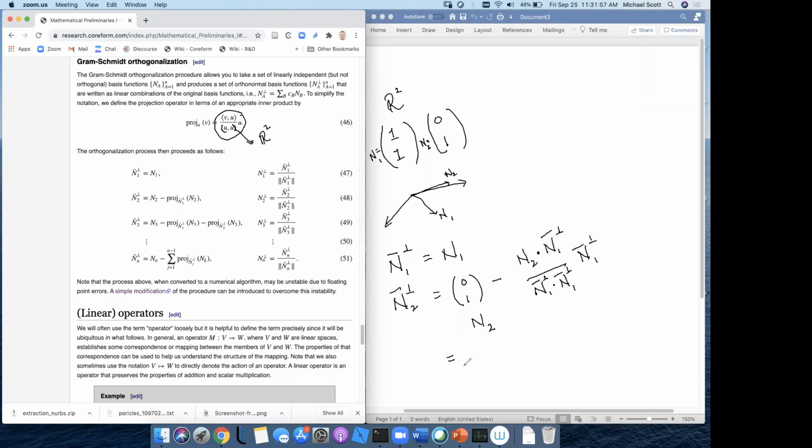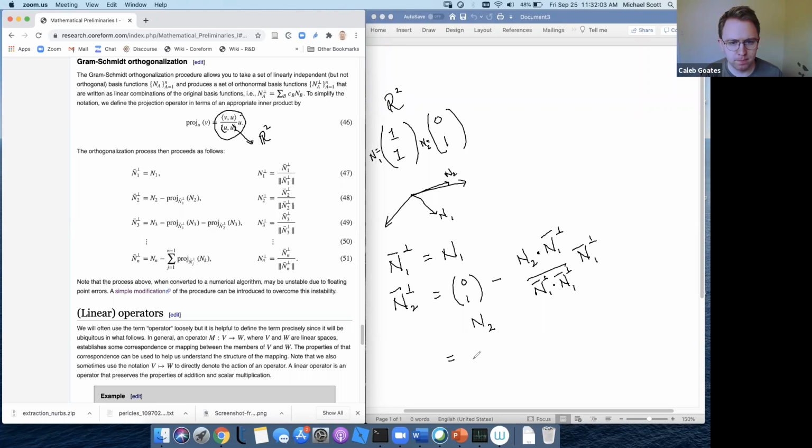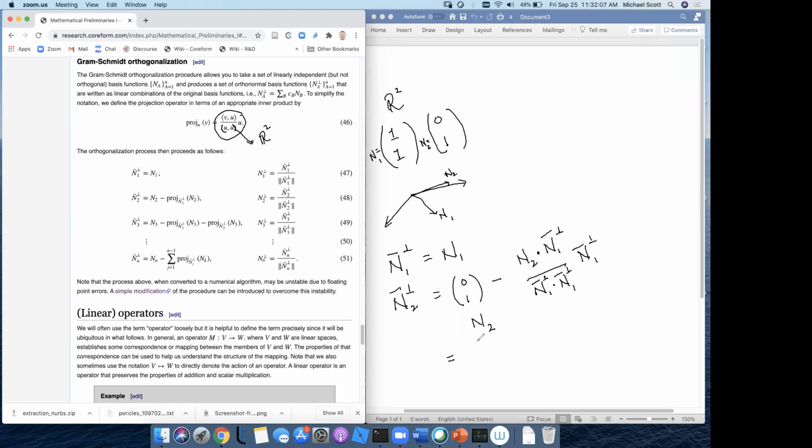No square root. This is a dot product, this is an inner product, not a norm. Oh, you're right. Sorry. I have one more step on this first line here.